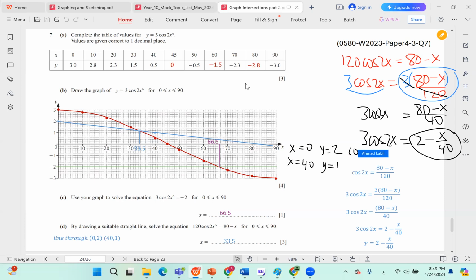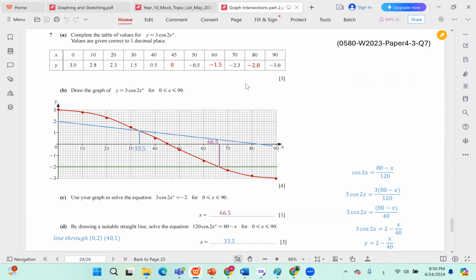So you have (0, 2) and (40, 1). (0, 2) is the blue point here, and (40, 1) is the other blue point right there. I join them together, forming the blue line, and I see where the blue line cuts the red curve, which is at this point here. I find the x value, and the x value is 33.5.